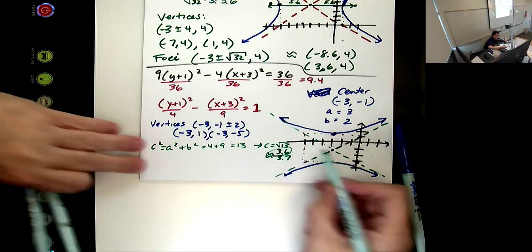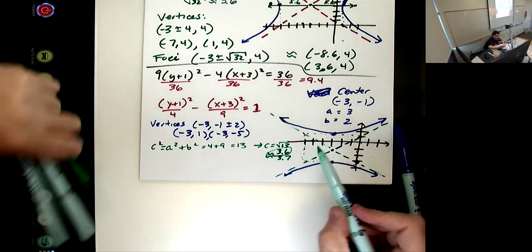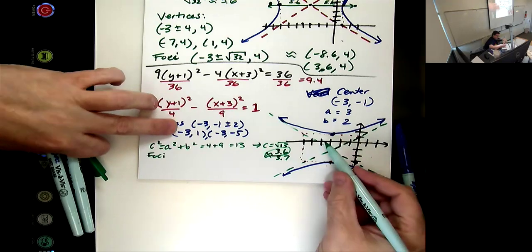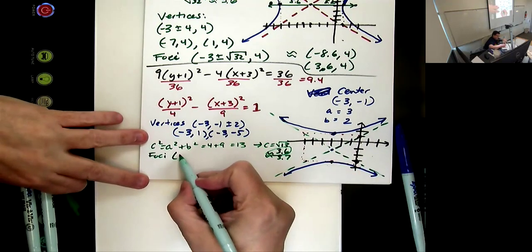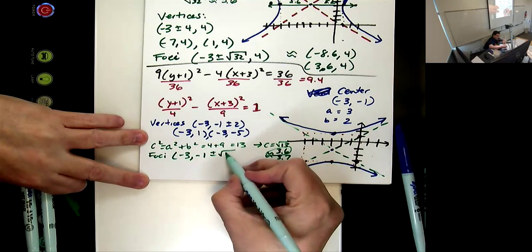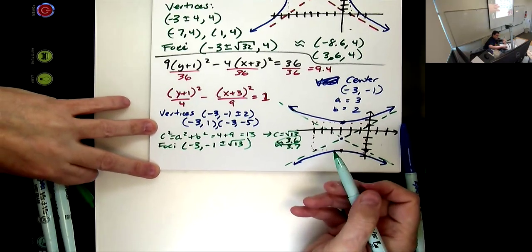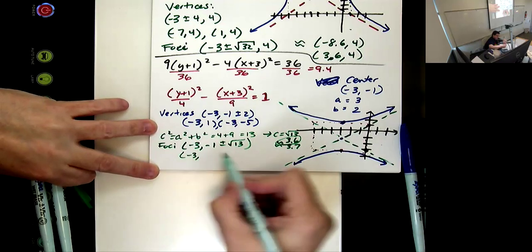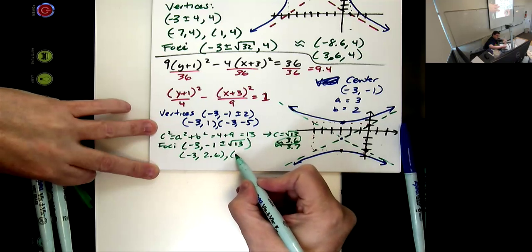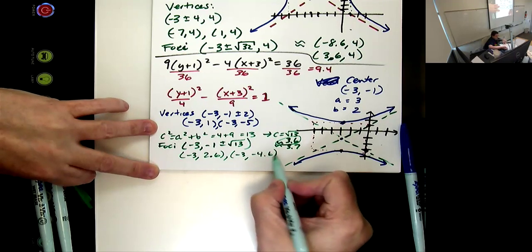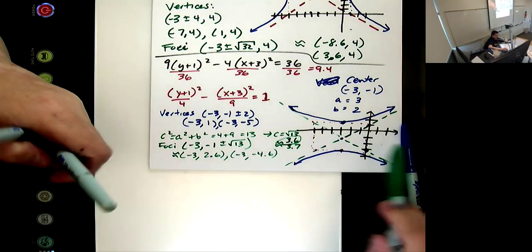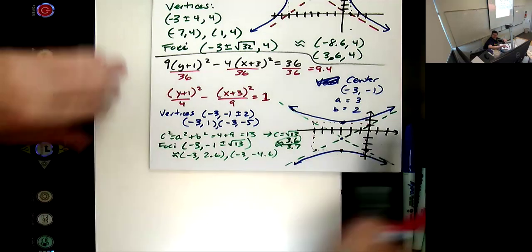Okay. And so our foci will be from the center, that same thing: -3, -1 plus or minus the square root of 13, which is 3.6. Approximately that.